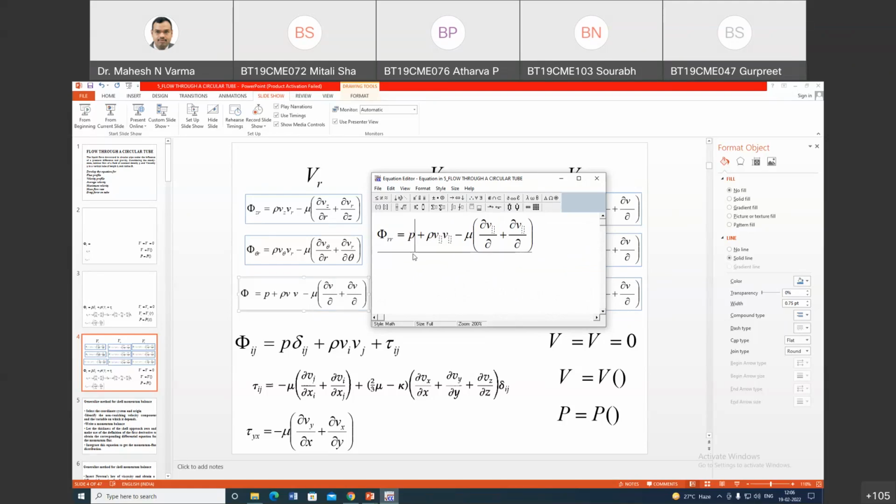What will be the value of p? 0, non-zero? Sir, it will be non-zero because i and j are equal, so p will be there. What is this suffix? Sir, it will be vr into vr, that is vr square. Very good. How about this? Sir, it will be del vr by del r, and it will be 2 times, so minus 2 mu del vr by del r. Very good.